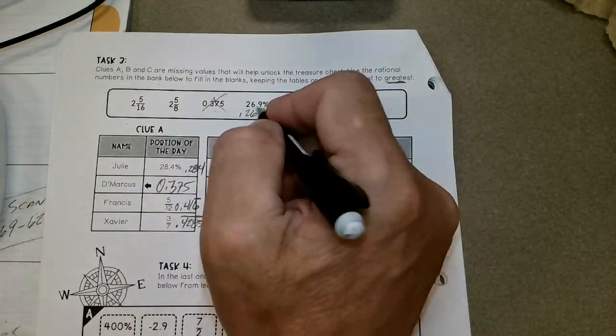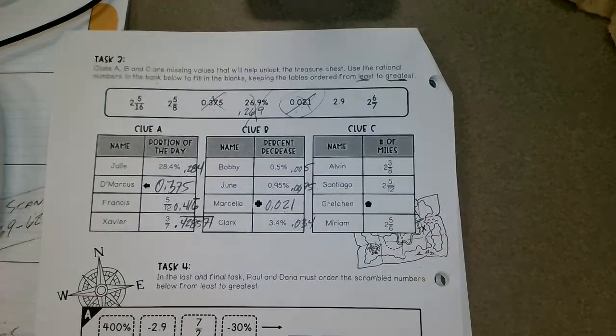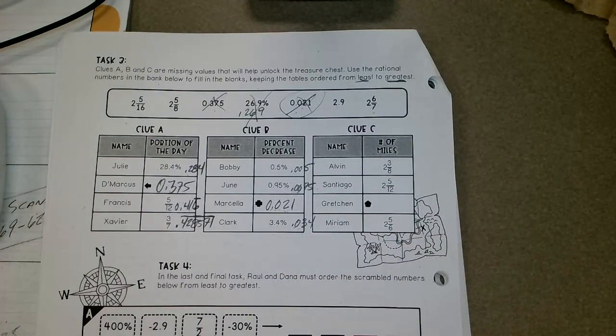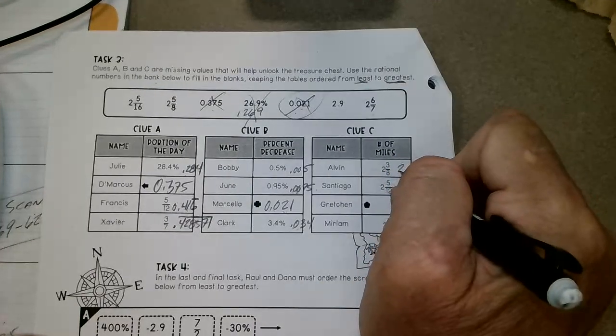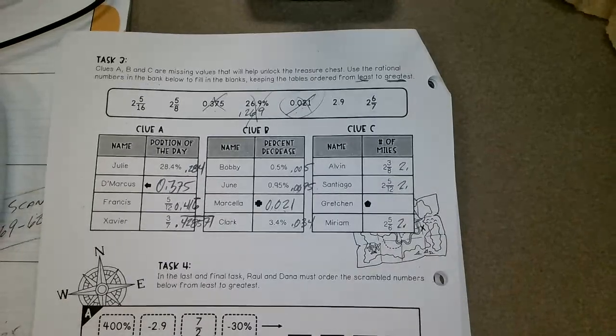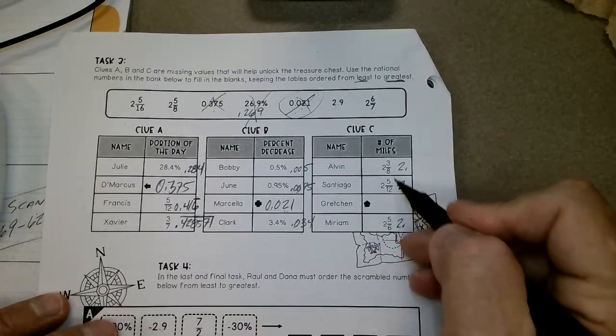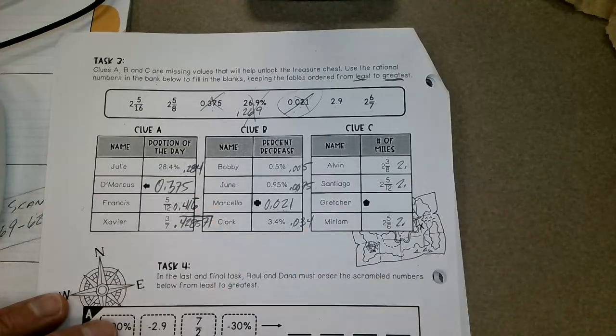So really that is out. I really don't have that to look at here. So what I'm going to do is switch these again to a decimal. And what you're going to notice is I'm going to go ahead and write the whole number 2.